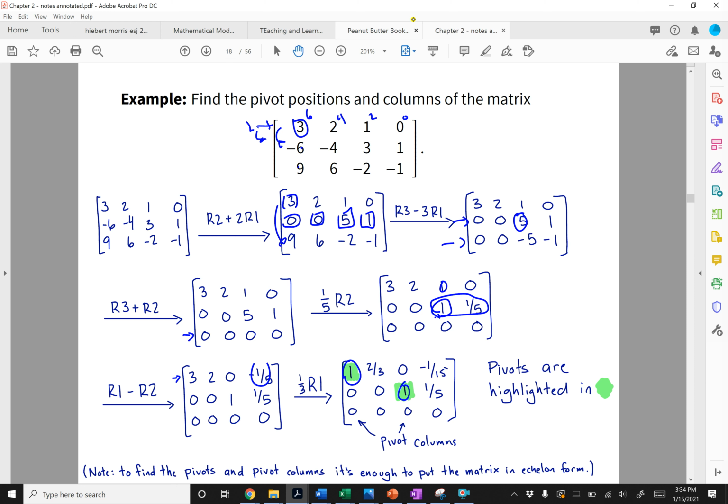The leading entries are called pivots. And once we get it to row reduced echelon form or row echelon form, those leading entries are called pivots. These are pivot positions, and columns or rows with pivots are called pivot rows and pivot columns. And if we only care about the pivots, and sometimes we do, then we only have to get it into echelon form. We don't have to get into reduced row echelon form.